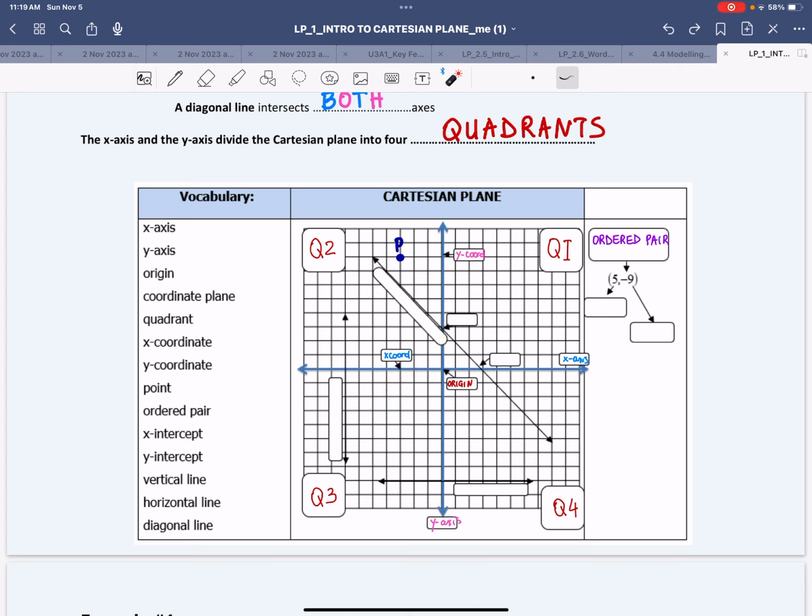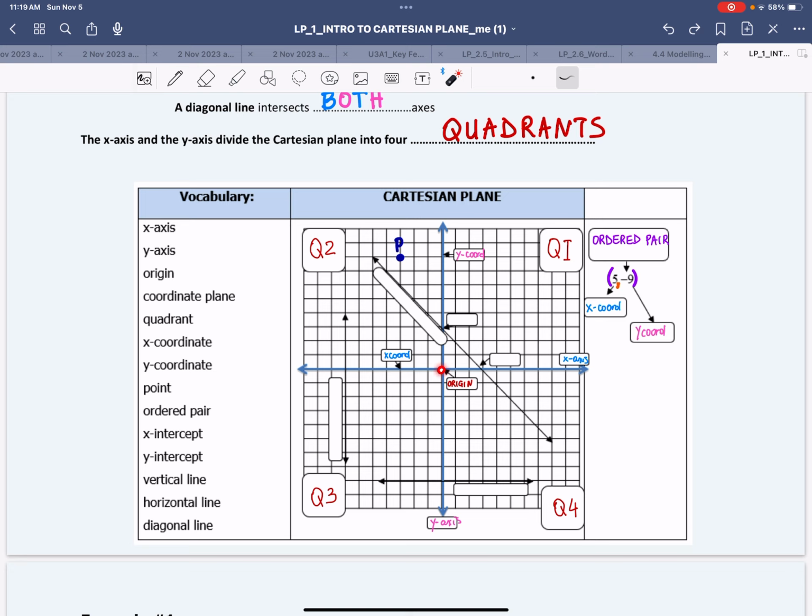Now, in order to describe the coordinates of a point, we use what we call the ordered pair. For example, a point with coordinates 5 and -9 will have an x-coordinate of 5 and a y-coordinate of -9. To plot this point, we go first to x equals 5.